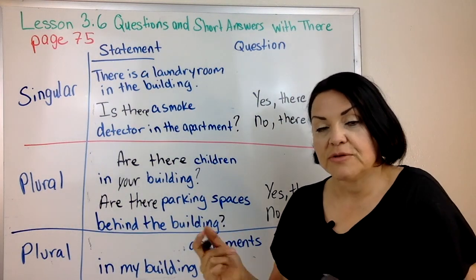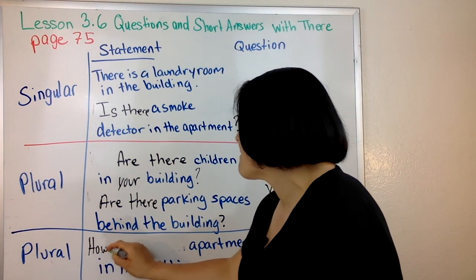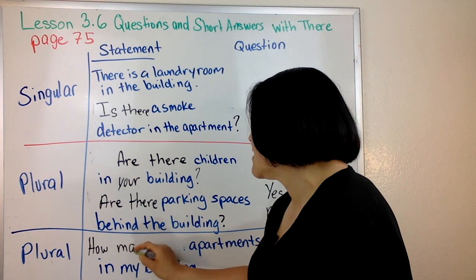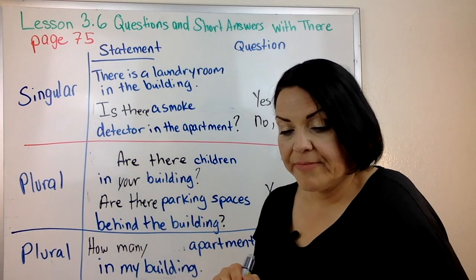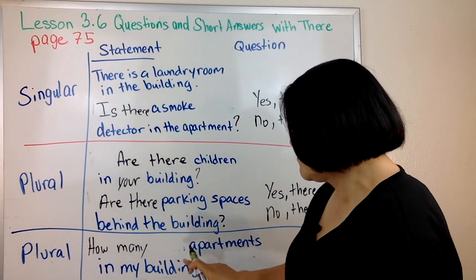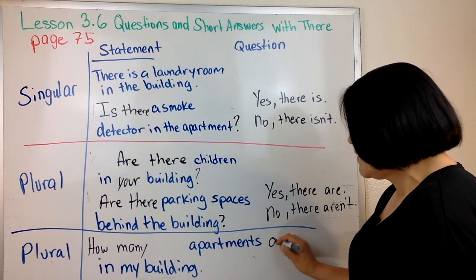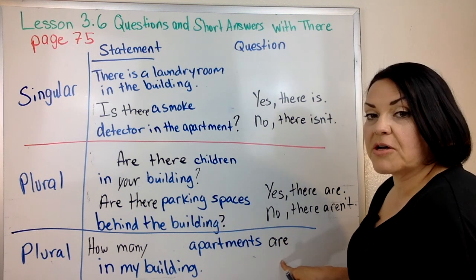So we're going to use the beginning of how many. Okay, how many apartments? Okay, how many apartments? Now this is where the be verb goes.